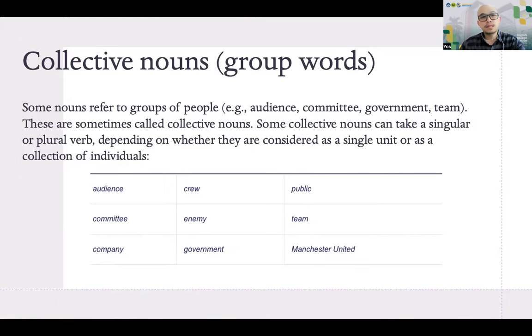Some collective nouns can take a singular or plural verb, depending on whether they are considered as a single unit or as a collection of individuals. Examples are audience, crew, public, committee, enemy, team, company, government, Manchester United. Several of them, but you can search them up on the internet for more examples.